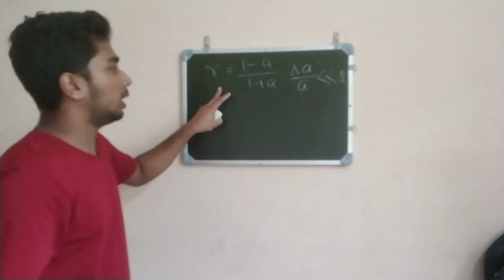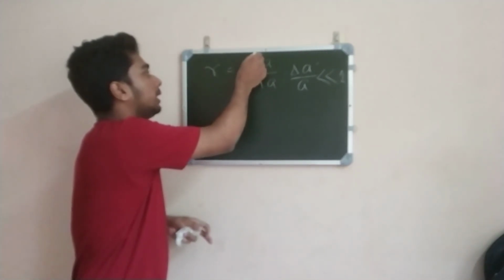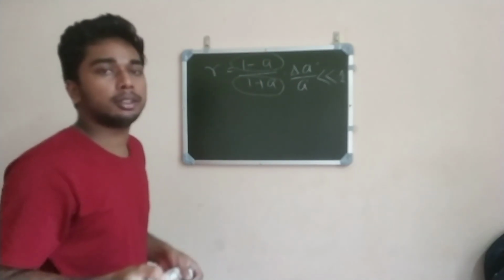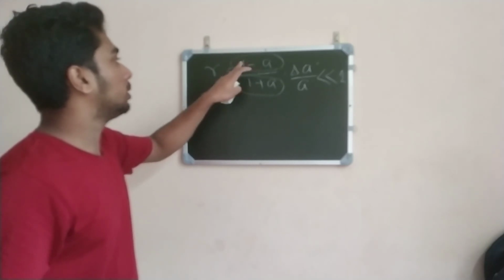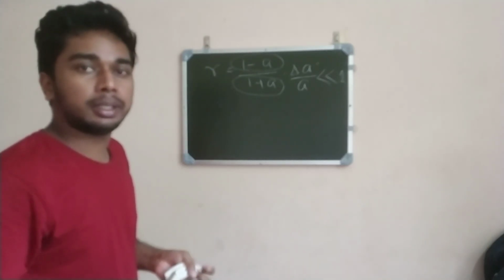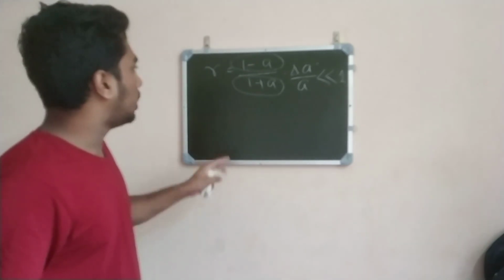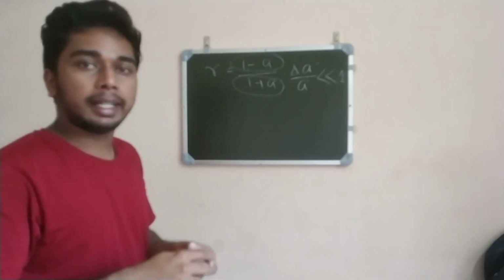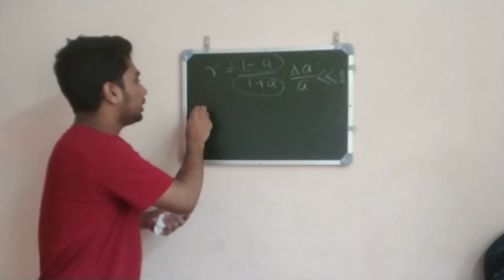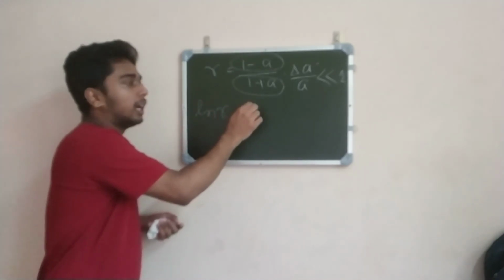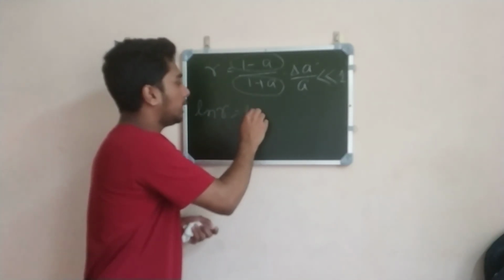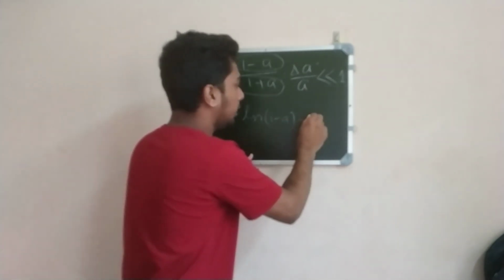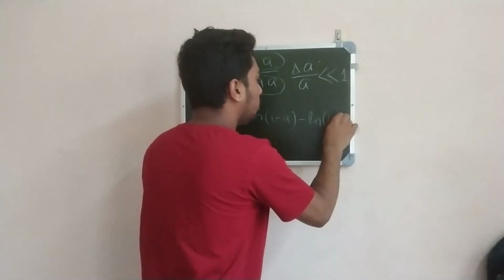Here we see that two expressions, 1 plus a and 1 minus a, appear in the form of numerator and denominator, and you know that this type of expression can be solved easily by taking logarithm on both sides. So if I take logarithm on both sides, I will get ln r equal to ln of 1 minus a minus ln of 1 plus a.